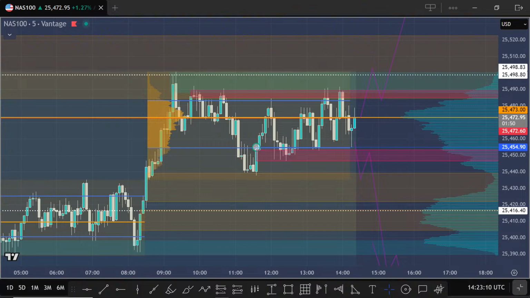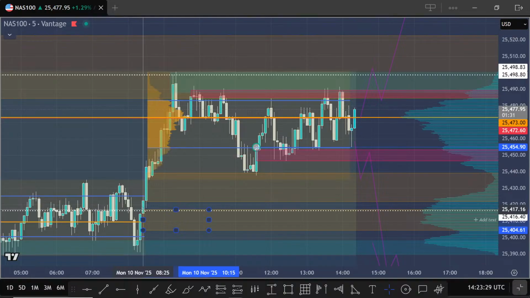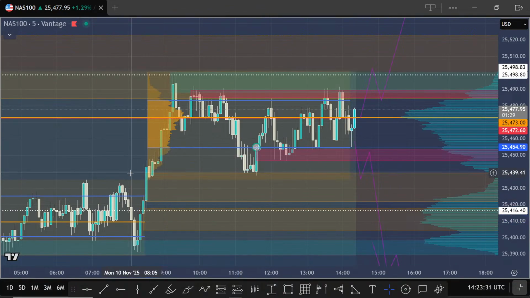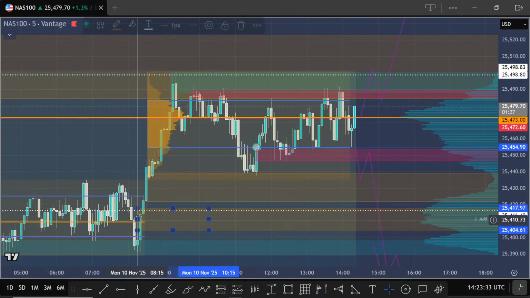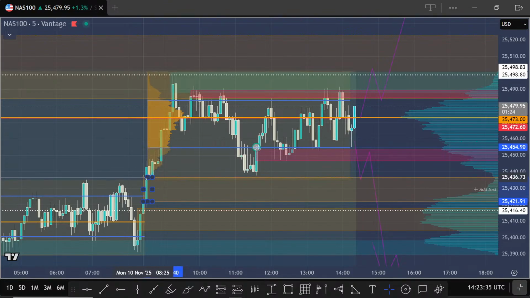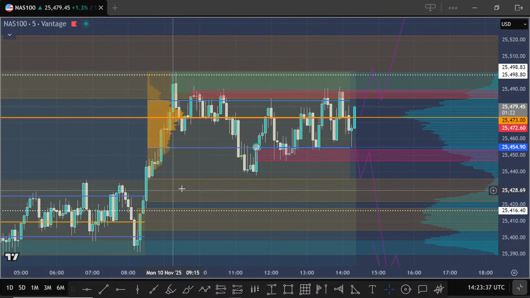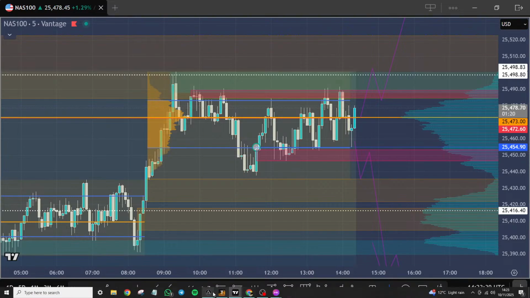And so far, the only big trades I've seen are buys. There's not a lot of information to go on yet, really. We have, of course, got these low volume nodes.